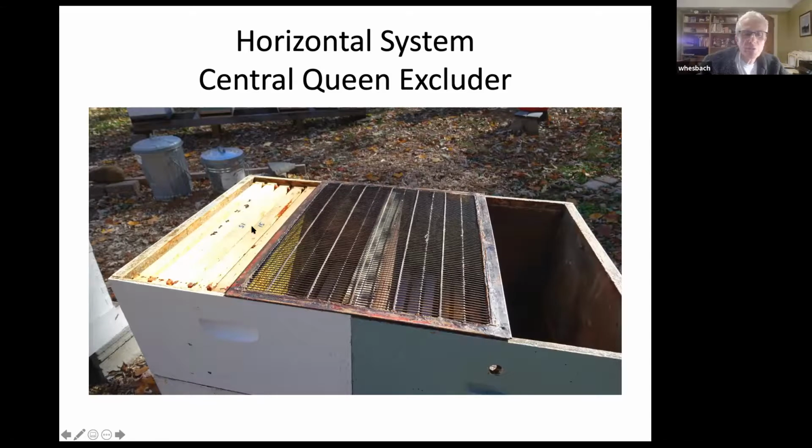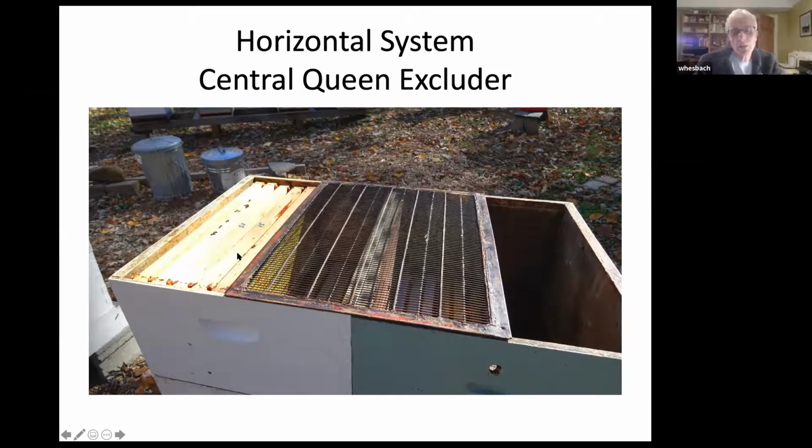You have 5 frames on this side and 5 frames on the other side that are not showing. But the bees have to come over all these top bars, go through this queen excluder to get into this side. They just don't like to do that. They object to it, so in a horizontal system, they like to stay on their side.